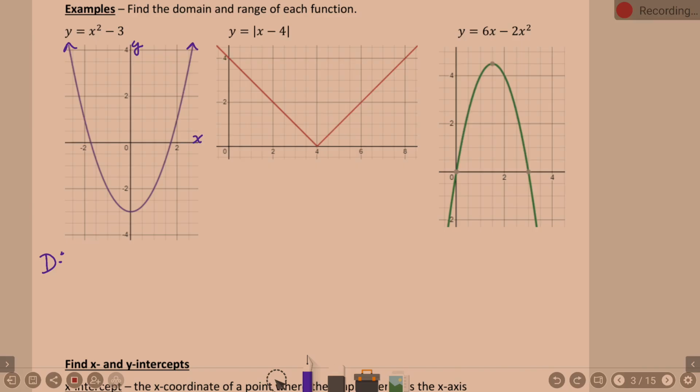So when we're talking domain, I want to talk about how far left does this graph go? And then how far right? So how far left is this graph going? Forever? Now, we might argue that if I didn't put the arrow on there, right? Okay, but I did put the arrow on there.